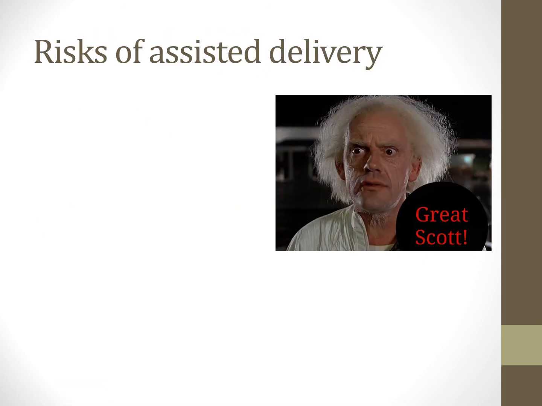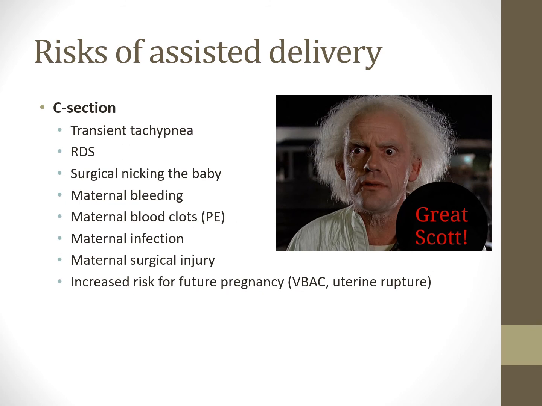All right. Risks for assisted delivery, so C-section. So what are some of the risks? TTN, transient tachypnea of the newborn or neonate. Baby doesn't get that thoracic squeeze, and we already talked about that thoracic squeeze being important for the fetal lung fluid, not only to come out, but also for that first breath, to reduce PVR, to establish FRC.